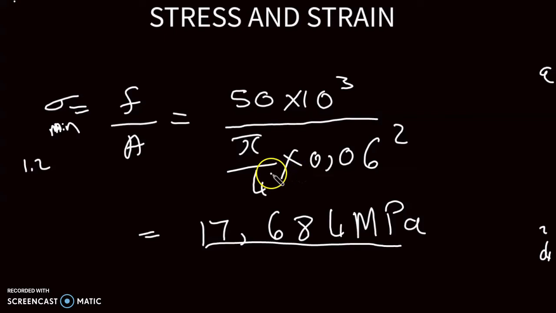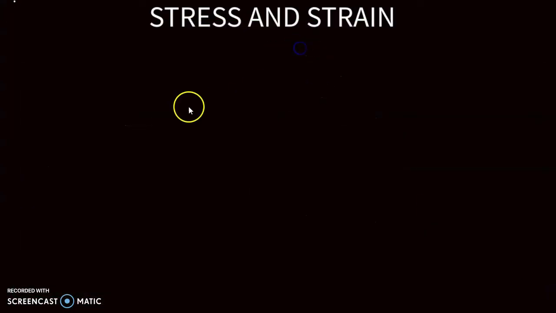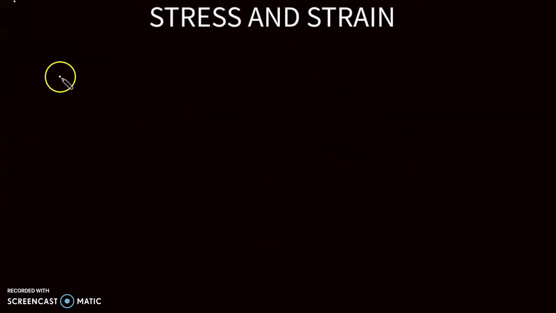They say calculate the total strain in the rod. We know strain is given by change in length per unit length. But in this case, we do not have the change in length.